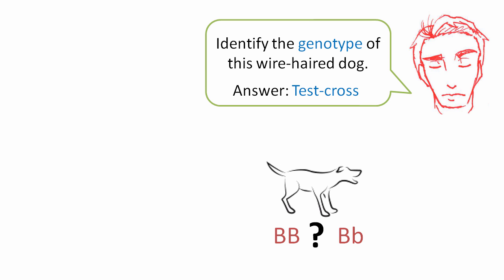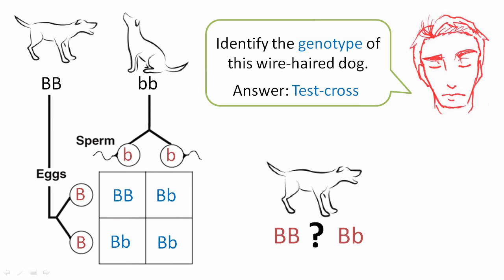And the answer is, we're going to do a test cross. We can take this individual and cross it with an individual whose genotype we already know. In this case, it would be a homozygous recessive or a smooth-haired dog. Let's assume that this dog is big B, big B, homozygous dominant.